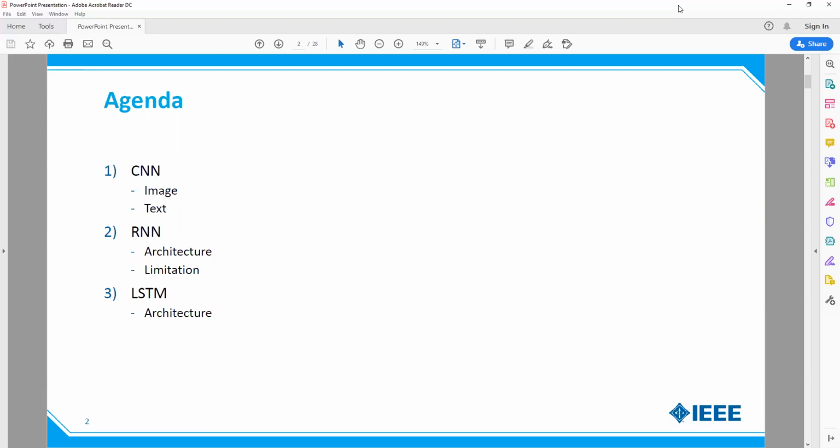However, due to demand from last week's session, I'll also be covering CNN at the beginning, looking at how CNN can be used for NLP tasks.